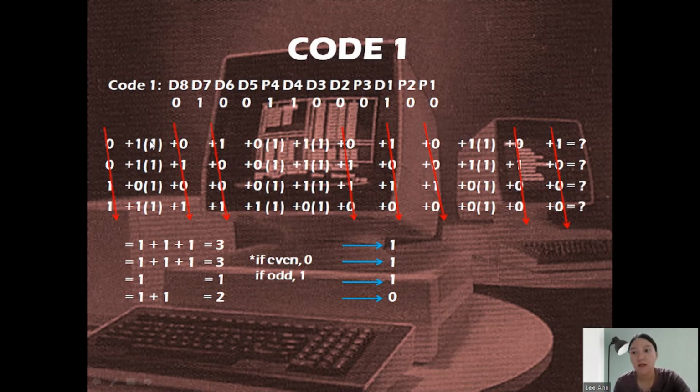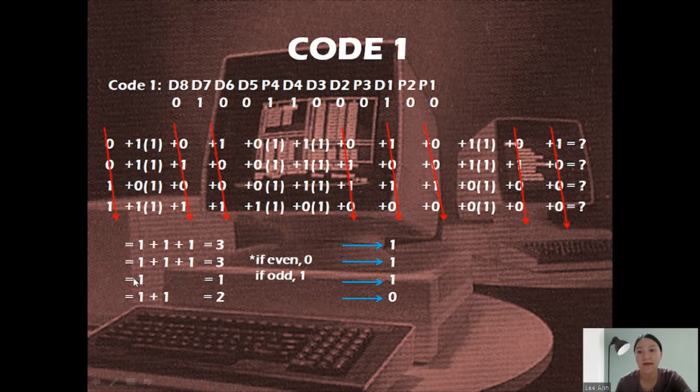So here, 1 times 1, 1. This is 0, and then 1 times 1, another 1, and lastly 1 times 1, 1, which equals 3. And for the second unknown value, 1, 0 again, and then 1, and lastly 1, which is also equal to 3. And the next one is 0, 0, 1, and then 0.